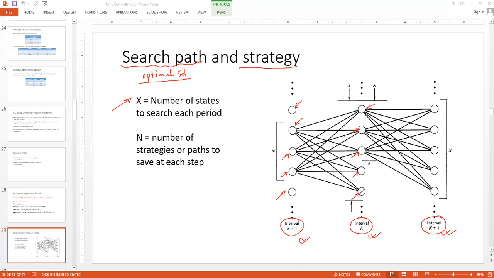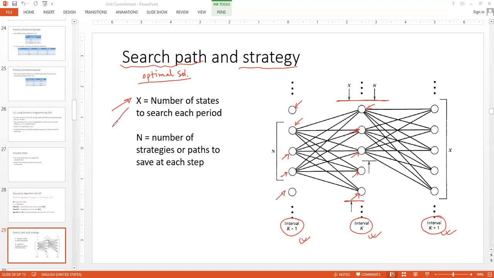X is basically the number of states to search each period. Let's say if there are 3 units in total, if we are not following any priority list ordering, then there will be 7 possible states. So among those 7 possible states, are we going to search through all of the 7 states or what?